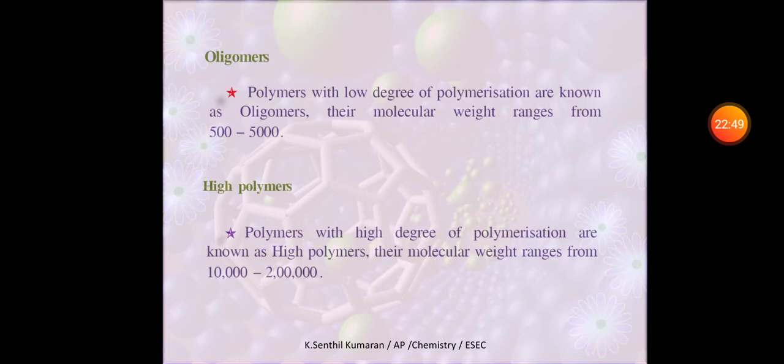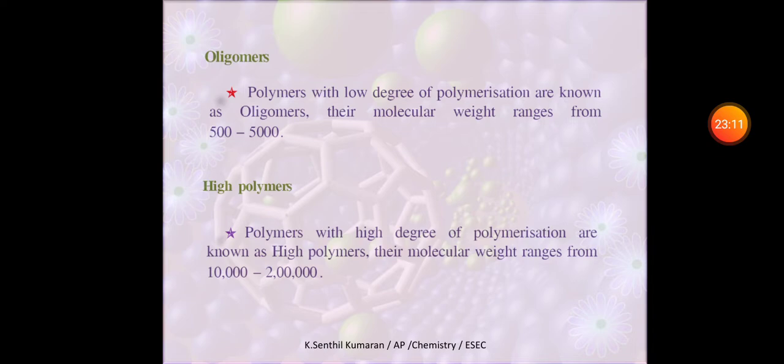Polymers with a high degree of polymerization are known as high polymers. The range of molecular weight is 10,000 units to 2 lakh units.